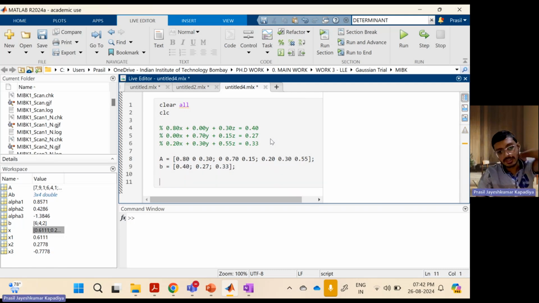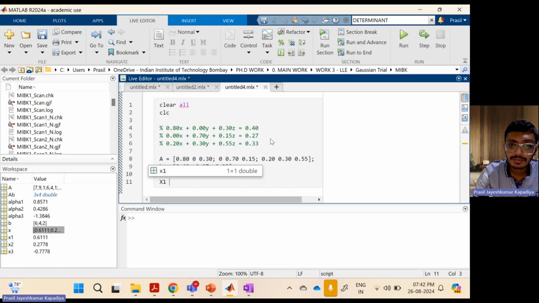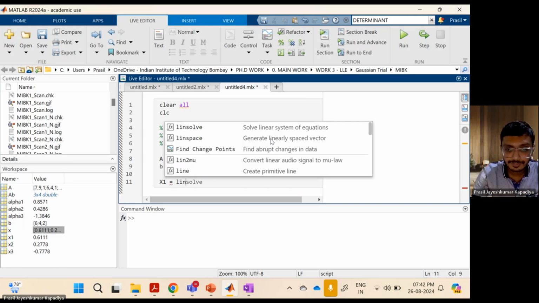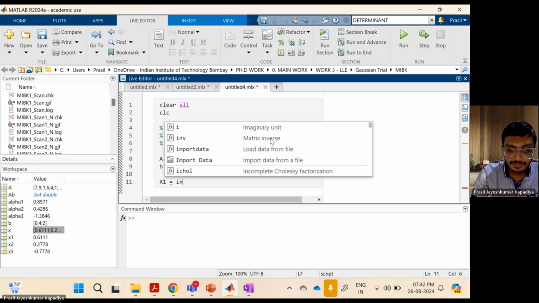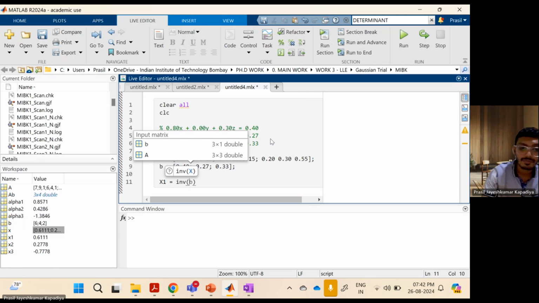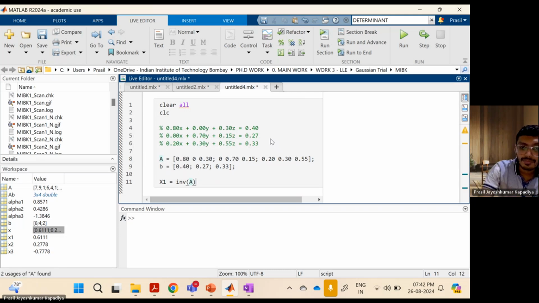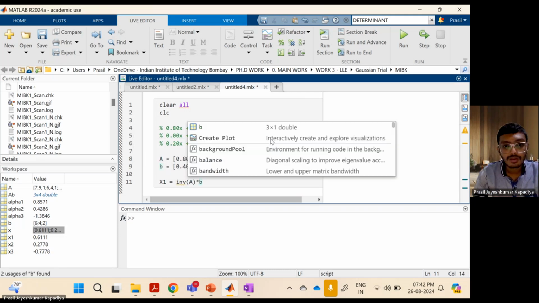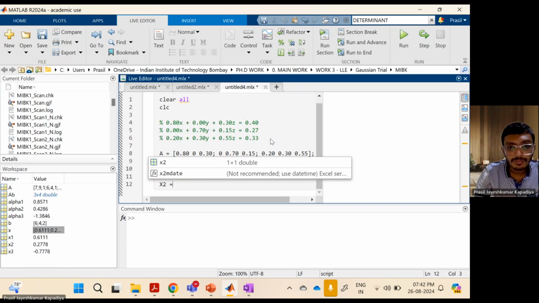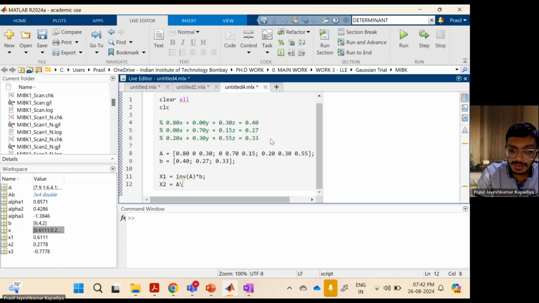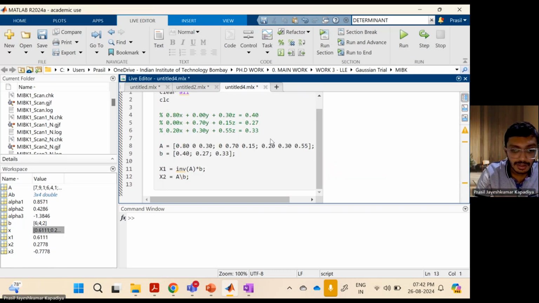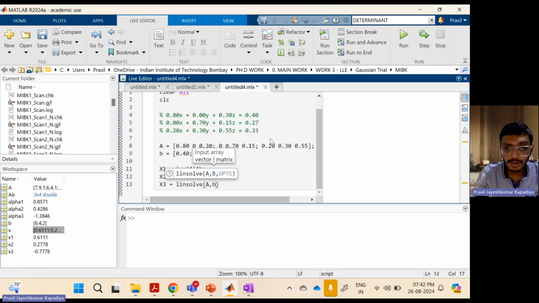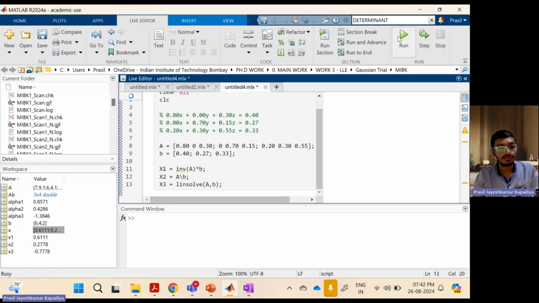Let's try to solve this with all three methods: A backslash B, and x3 is equal to linsolve A, B. Let's see what I am getting.